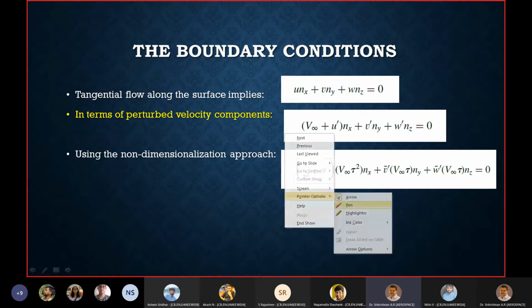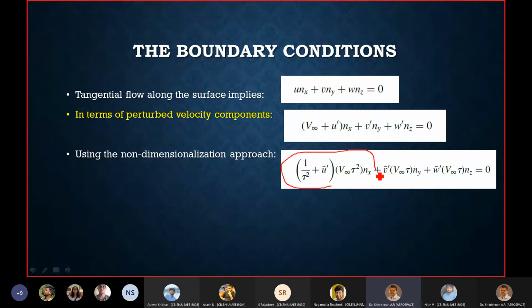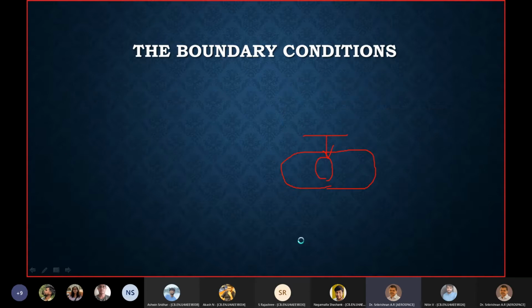You can easily see that what is shown here in the box as 1 by tau squared plus u bar dash, multiplied by v infinity tau squared into nx, is nothing but this term, u infinity plus u dash, because the u bar dash that we have used here is based on the non-dimensionalization that we have discussed already.